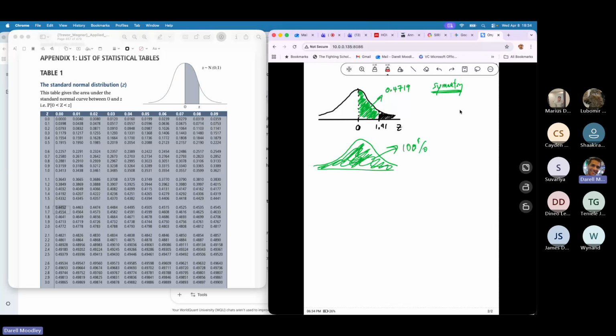So what do you think the area in red is, if the total area under the curve is 100%? Hopefully my sketch does justice to you figuring this answer out. And remember, the vertical line at 0 splits this graph into two equal parts. So what is the area in red?